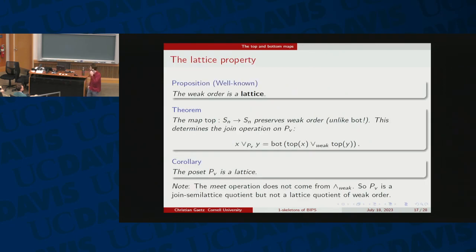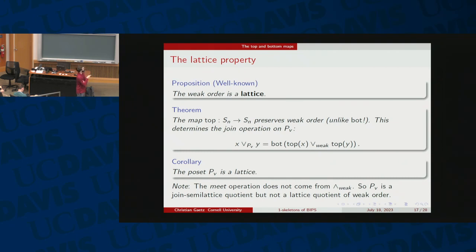Okay, so as I alluded to before, the weak order is known to be a lattice. This is a very well-studied lattice. People have studied lattice quotients of it. A consequence of some facts about this top map is that the same is true of this one-skeleton poset on any Bruhat interval polytope.